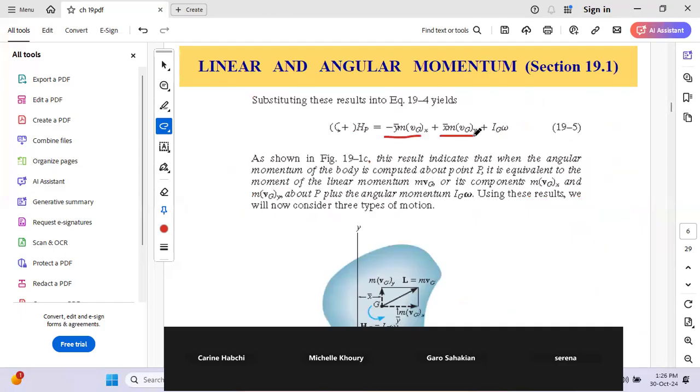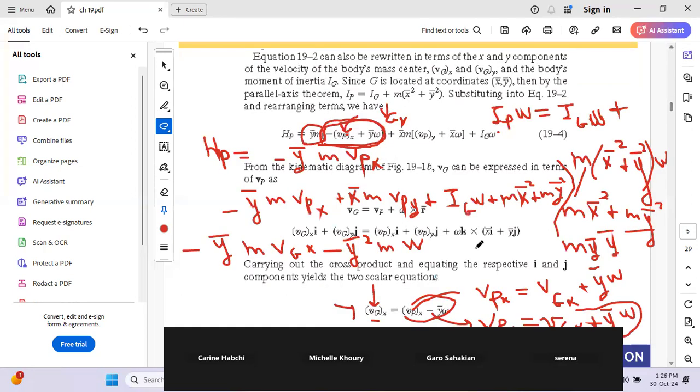plus x bar m VGY plus IG omega. So to reach this, either you replace VPX, VPY by their expressions, or you try to make the terms VGX, VGY appear as they did here. And to know what VGX, VGY are, you relate the velocity of G and P as two points of the rigid body.